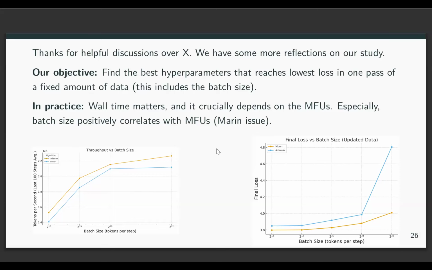When the cluster becomes larger, the turning point will come later. It's also roughly linear: the turning point should scale roughly linearly with the amount of compute you have.